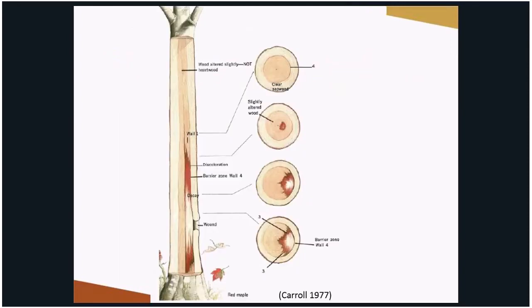So here's just another view, kind of like that 3D model we looked at a few slides ago. And here's an example of a wound that's happened. Here's a cross section of that trunk looking downward that's taken from right here. And we can see a lot of the different walls. There's wall 3 along the rays that's blocked it off. Here's where wall 4 is developed to stop any movement into this newer growth.